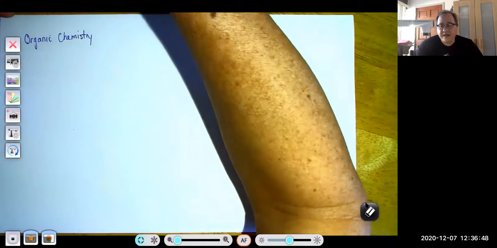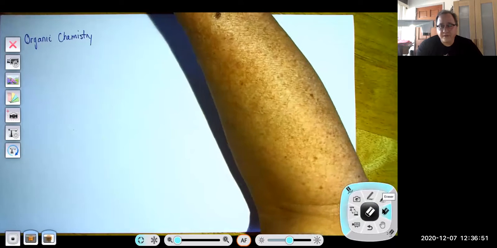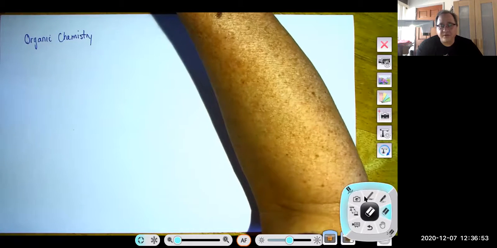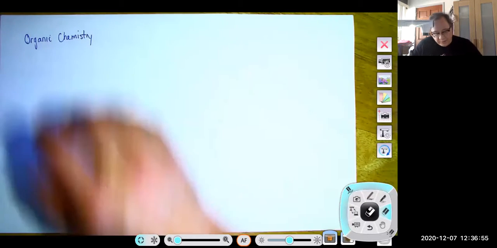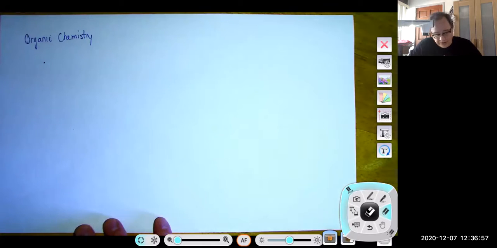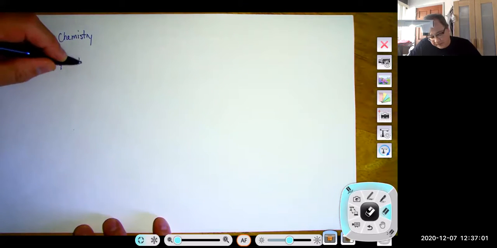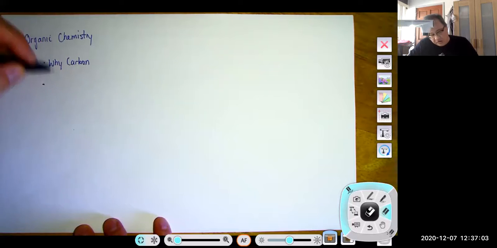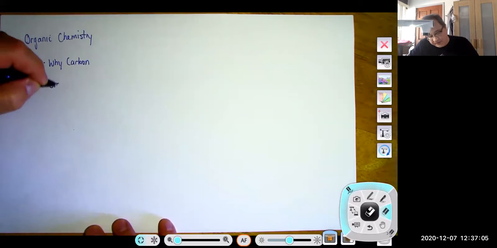So for the organic chemistry section, I agree with some of what the book has. I've separated it into basically 4 sections. One section is called Why Carbon. Another section is called Organic Chemistry.